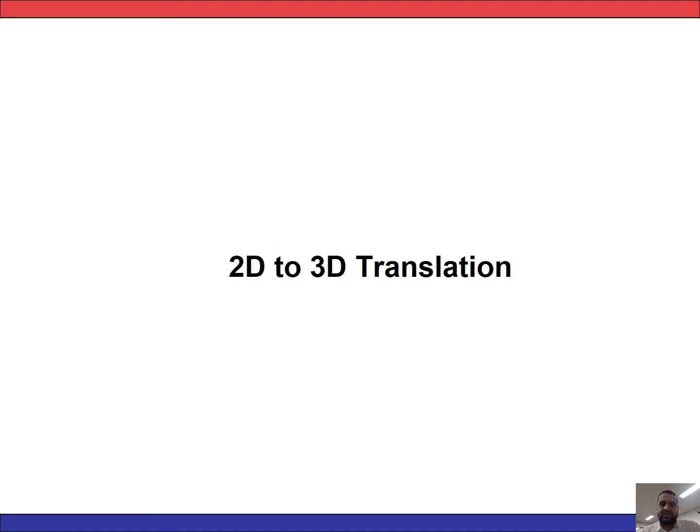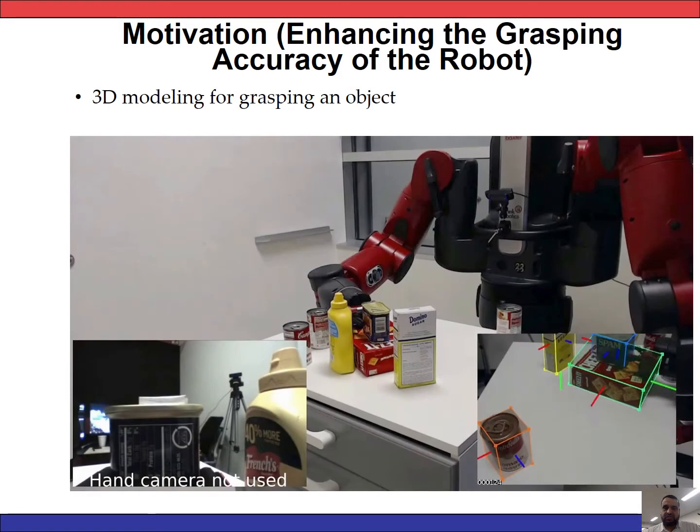The next topic that I'm going to talk about is the 2D to 3D transformation. This 2D to 3D transformation is basically related to enhancing the grasping accuracy of the robot. As I previously mentioned, the robot takes a picture of the object, and if we have the complete information of that image, then the robot can open its arm and accurately grasp that object.